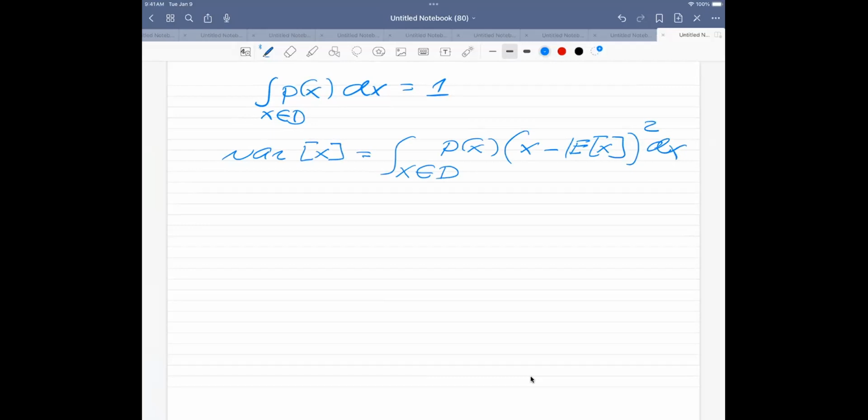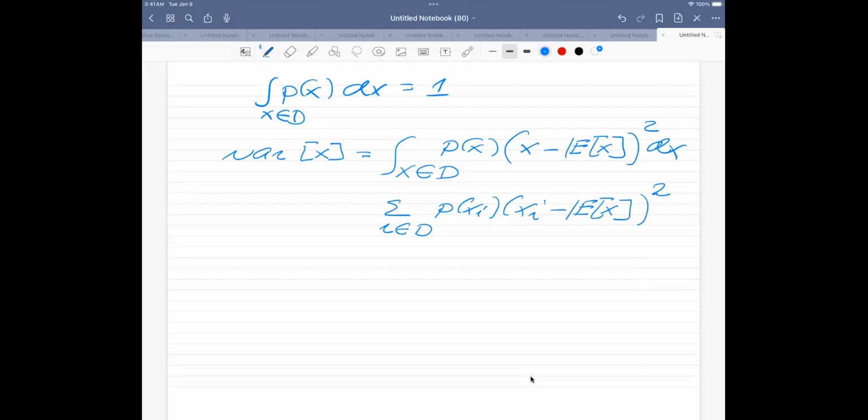And if we have a discrete one, then this is just a sum over all the elements in that domain, and then we have P of x of i, and then we would have x of i minus the same quantity, but which is now evaluated for a discrete distribution. So that's the same expression.